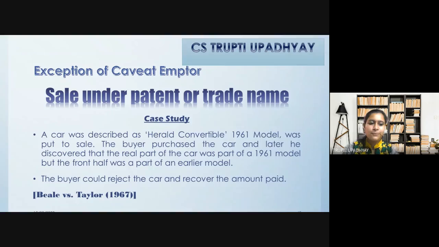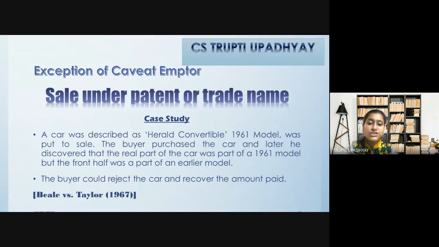Here, in the case of Bale versus Taylor, a car was being described as a Herald Convertible 1961 model. The buyer purchased the car, and later it was discovered that the rear part of the car was of a 1961 model, as the buyer wanted, but the front half of the car was some earlier model.